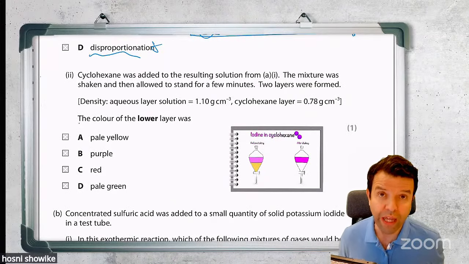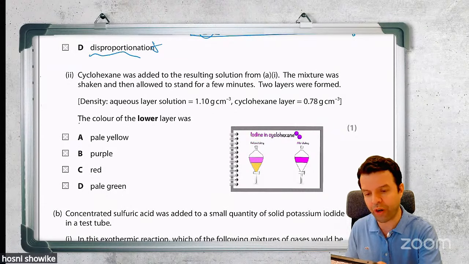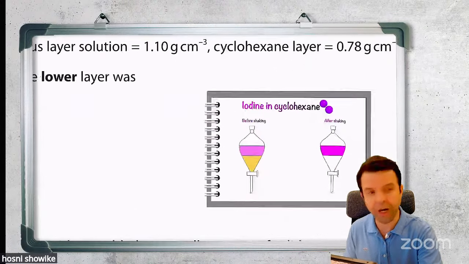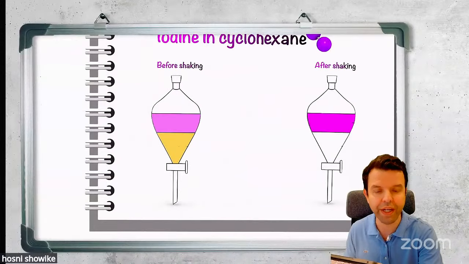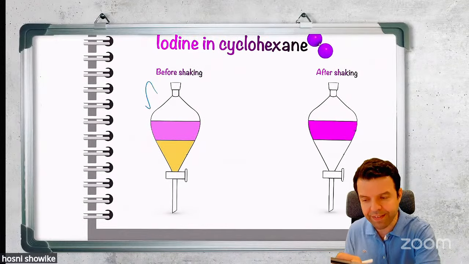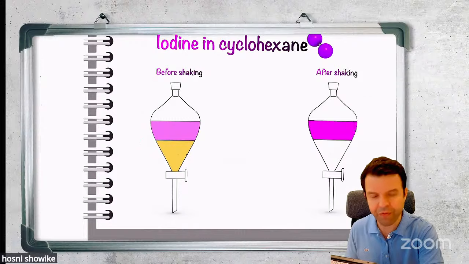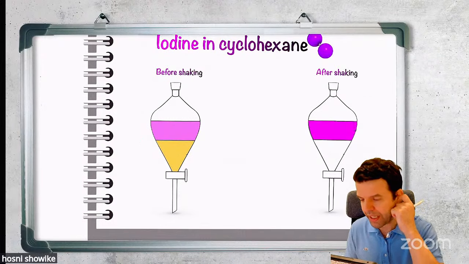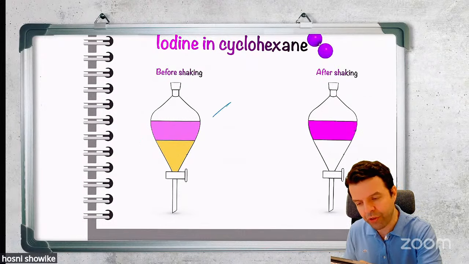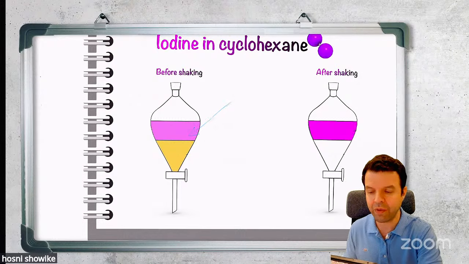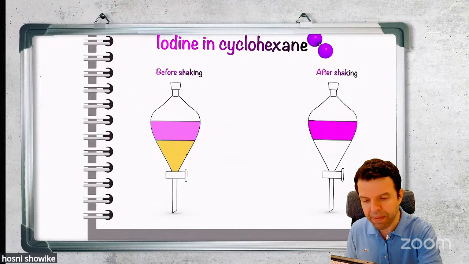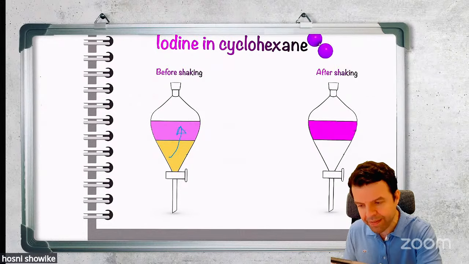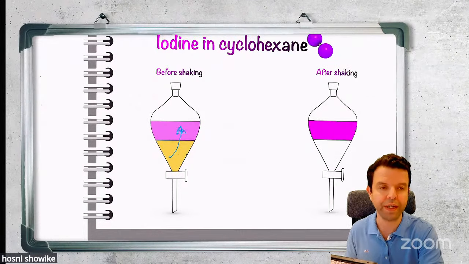Cyclohexane dissolves halogens. In the case of iodine, if you put iodine in a funnel like the one I have here, and you let it settle, you're going to have something interesting. You're going to have iodine first dissolving in water, but then it migrates to cyclohexane.